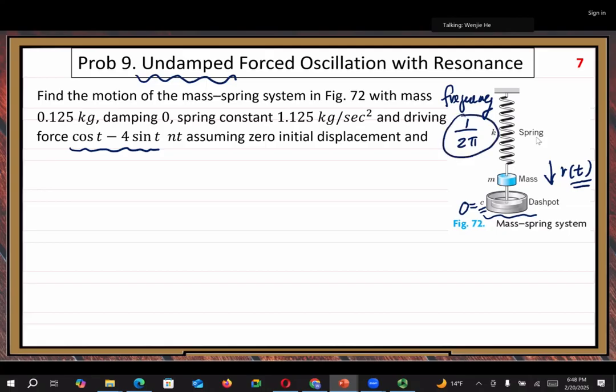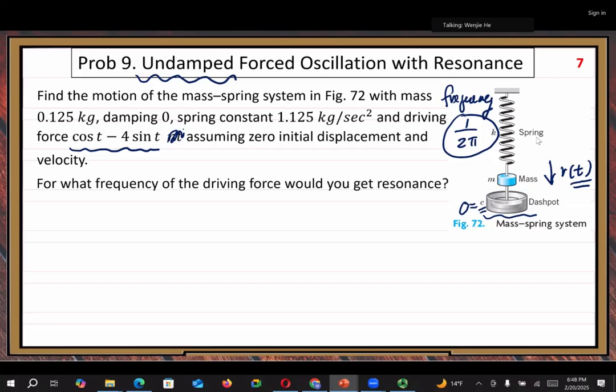Zero initial displacement and velocity. For what frequency of the driving force would you get a resonance? This resonance phenomenon is a very damaging phenomenon, so we need to pay attention.